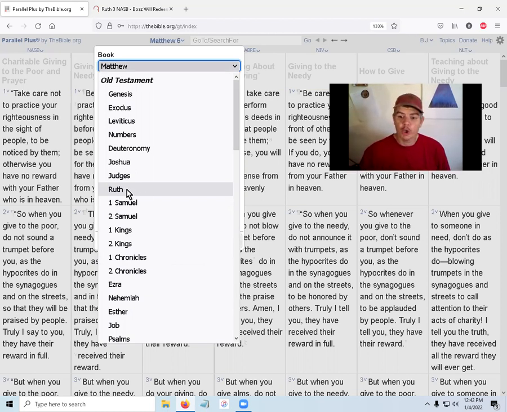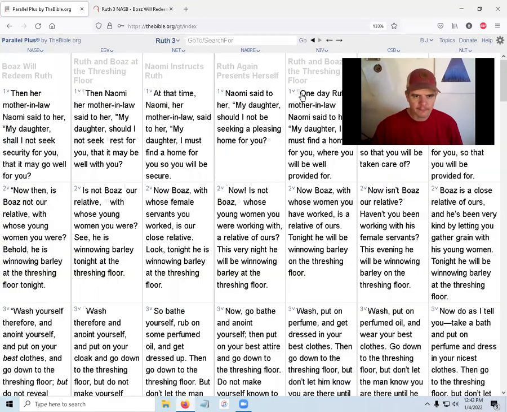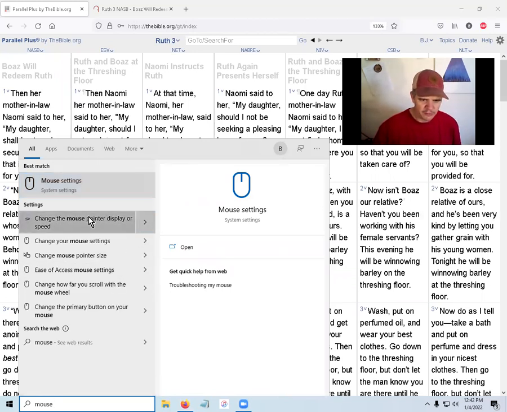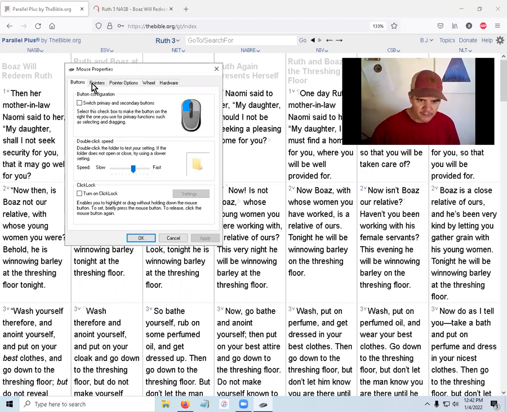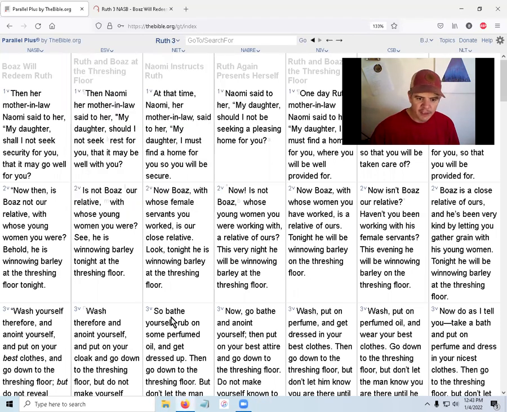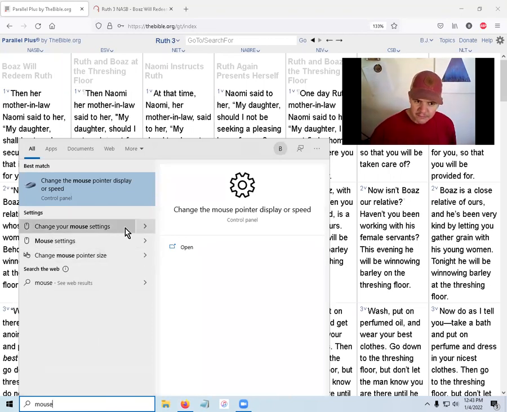All right. Ruth, chapter 3. Here we go. Let's get that mouse slowed down because I just zoom. Okay, don't want to zoom on you. Go slow. A little too slow. Apply. Buttons, pointers. I believe mouse, change your mouse settings.